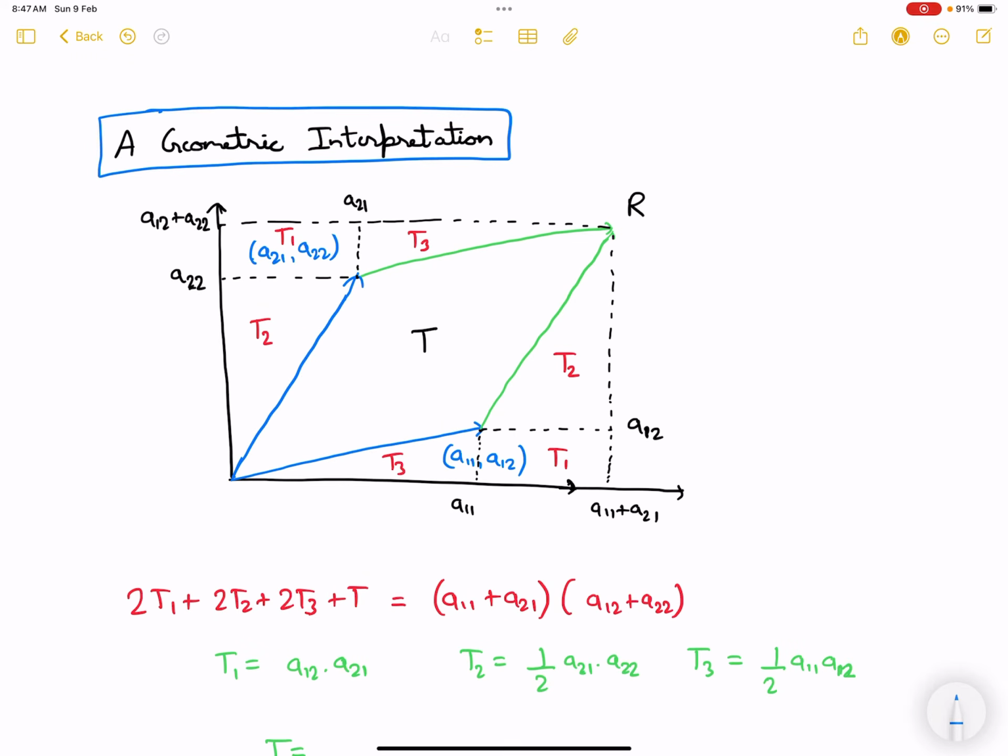So the geometric interpretation of a determinant. So this is of order 2.